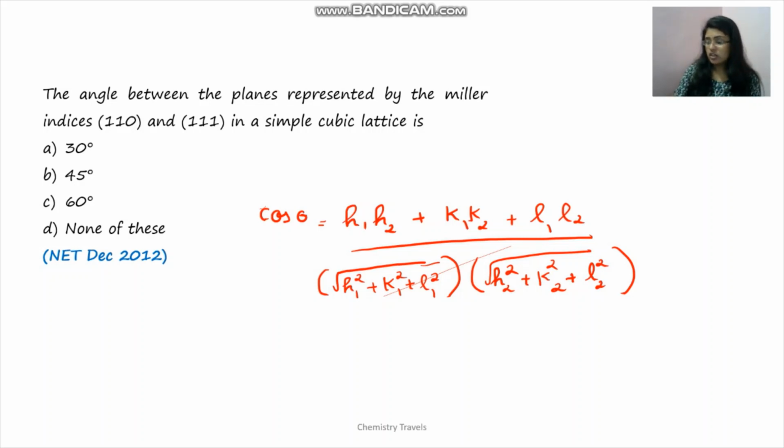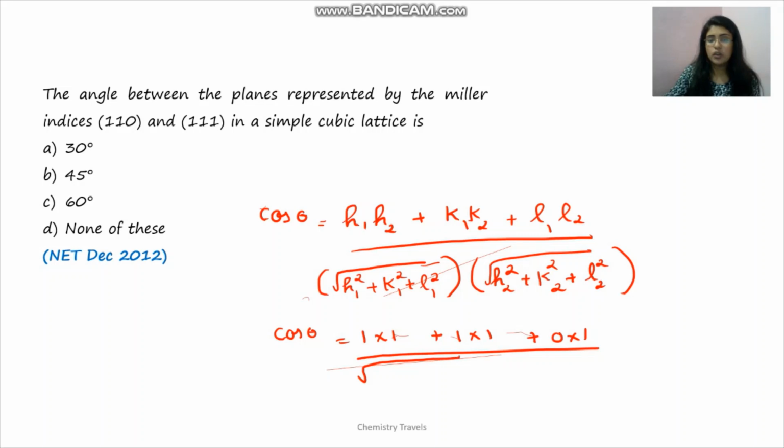Upon substitution, my cos theta becomes equal to H1 is 1, H2 is also 1, 1 into 1, plus K1 is 1, K2 is 1, plus 0 into 1, divided by the square root of 1 square plus 1 square plus 0 square, into the square root of 1 square plus 1 square plus 1 square.